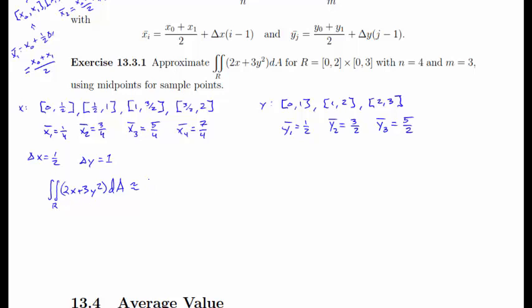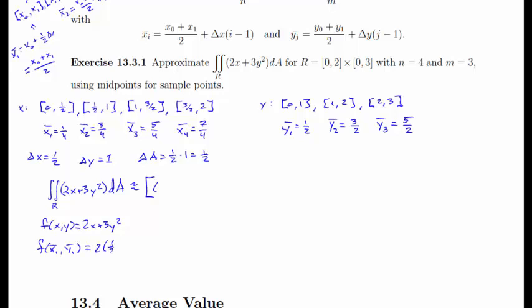And dA is the area of one of the rectangles, so delta A equals 1/2 times 1 equals 1/2. And then all the z values. If I plug in, f of x comma y equals 2x plus 3y squared. So we want to plug in f of x sub 1 bar comma y sub 1 bar.